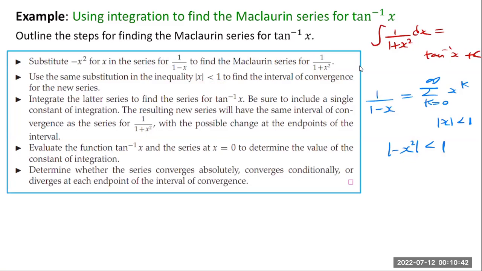That will give you the interval of convergence minus 1, 1, with the possible exception that at the endpoints, the convergence of the new series could be different from the original series. So you know your interval of convergence includes this interval, but you need to figure out what happens at the endpoints.